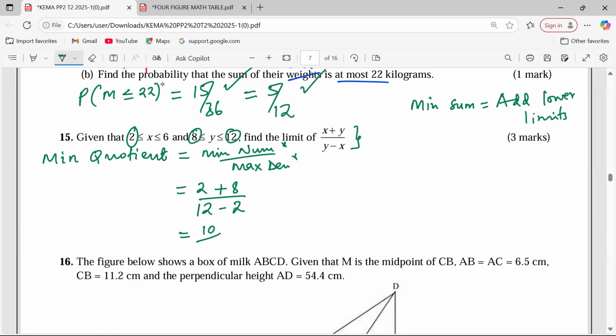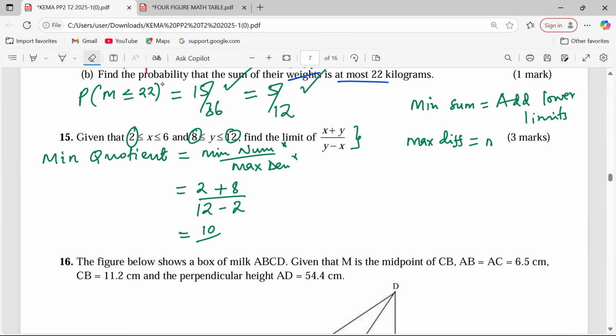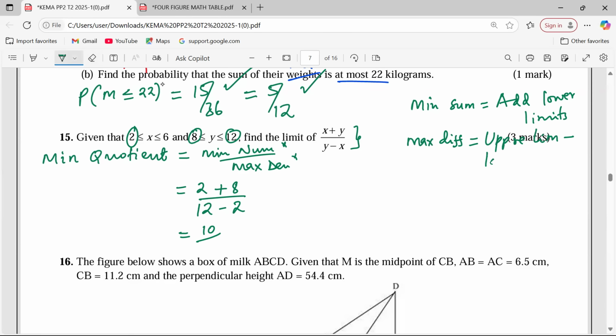Divide by, now on the denominator, which we need to be maximum. We need the maximum difference because it's a subtraction. For the maximum difference, we take the biggest value, so the upper limit minus the lower limit of the second quantity.